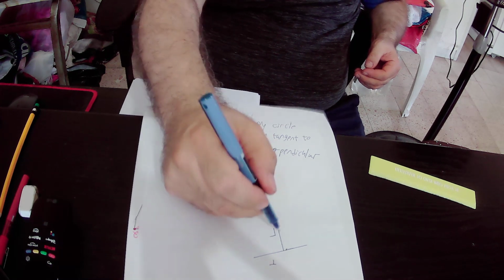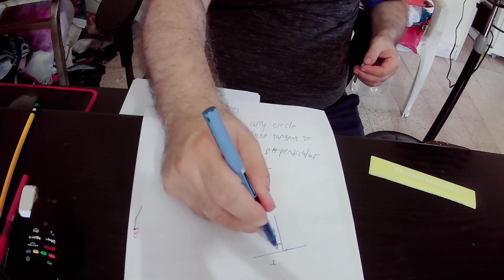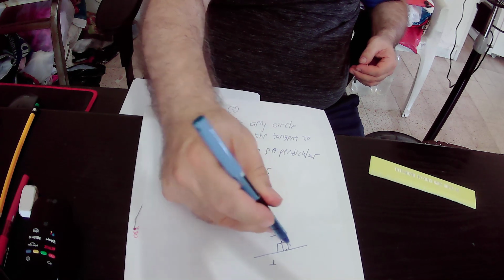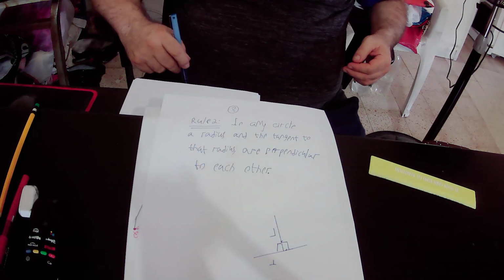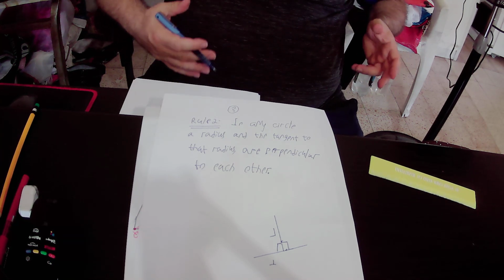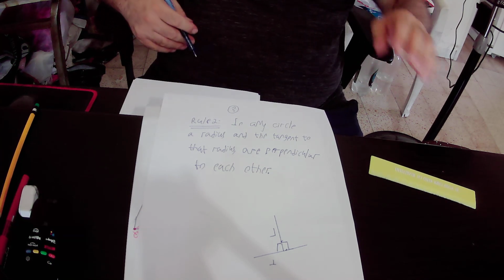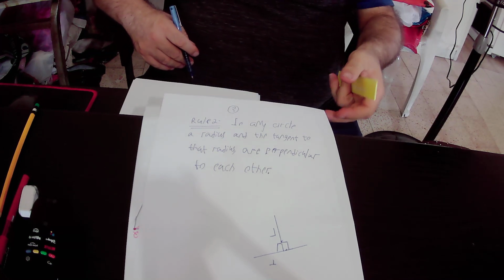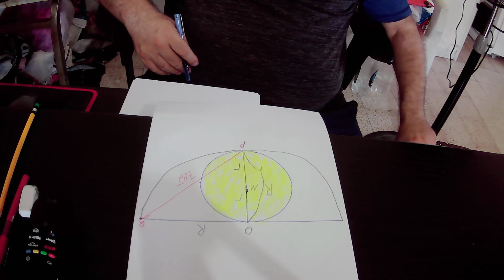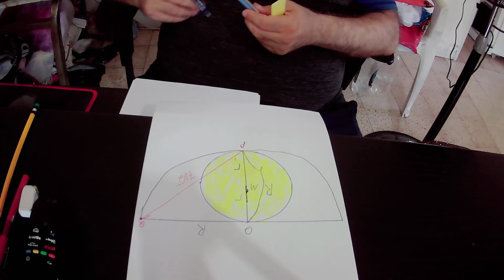That is to say, this angle equals 90 degrees, and this angle also equals 90 degrees. So in any circle, a radius and the tangent to that radius are perpendicular to each other.